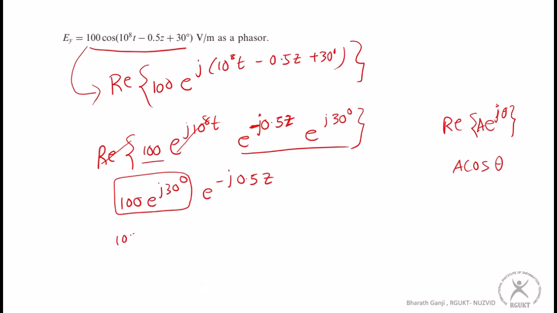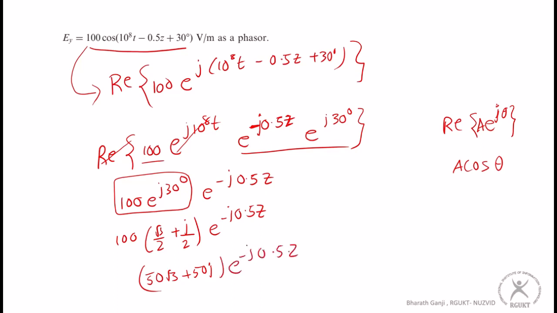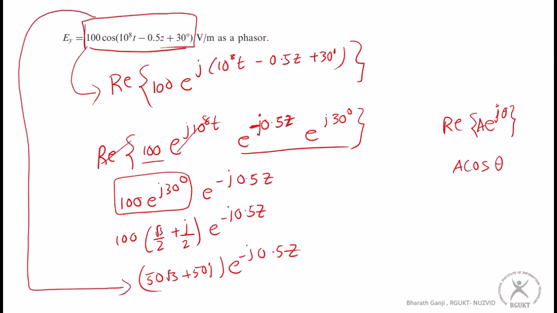So I get 100 times of root 3 by 2 plus j over 2, e power minus j 0.5z. Well, if I do it, it is 50 root 3 plus 50j into e power minus j 0.5z. So instead of writing this equation, the same equation can be written in frequency domain or phasor domain in this format, right? So you use the same expression like this.